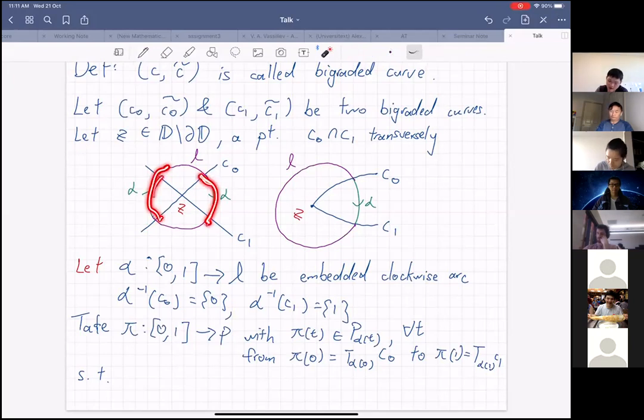But these two are related by this circle. You can think of it as a homology. Because if you surround this circle, you get the homology of this puncture.